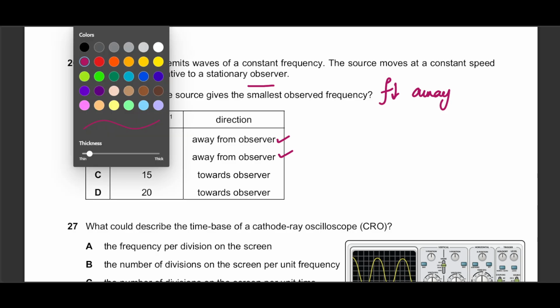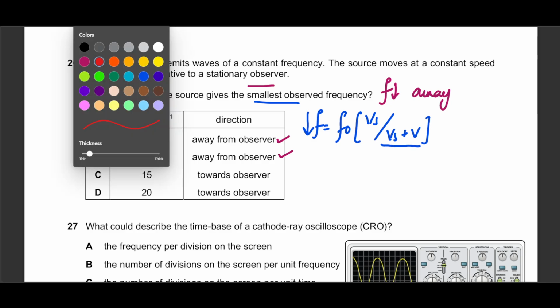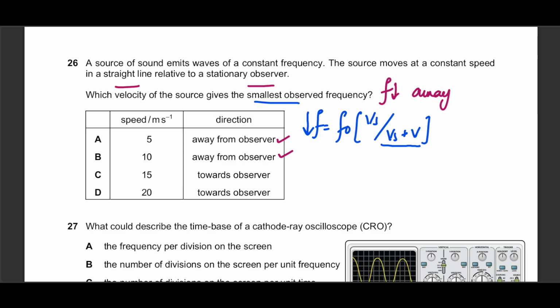And if you want to make the frequency smaller, it's going to be f naught into speed of sound divided by speed of sound plus the speed of object. If I want this to be the smallest number, then the denominator should be higher. And the only way I can do that is using a larger value of the speed of the object.